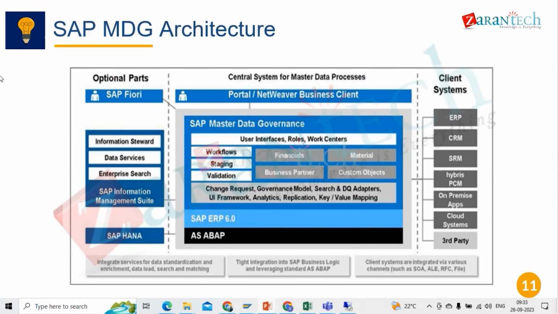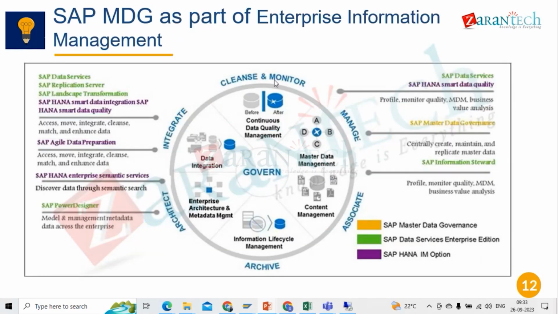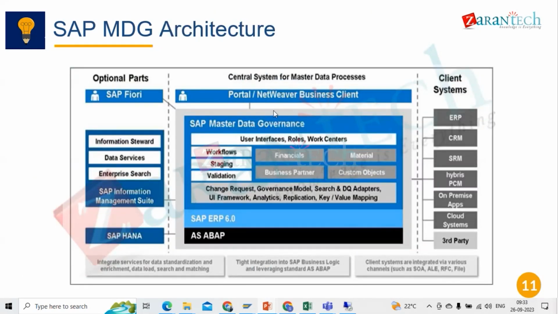This is the architecture for the SAP MDG system. Here you can see SAP Fiori. Take this person as an example: SAP Fiori is considered as the end user. I'll explain it very clearly here. Take this as the third party system. Now you are in the MDG system. This is for the MDG system. Here you can see the central system of the master data process.